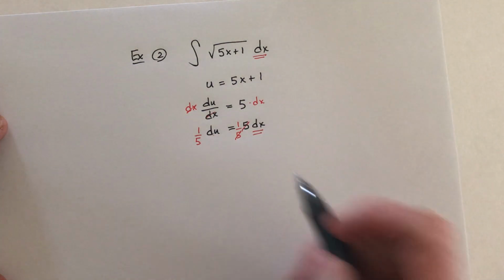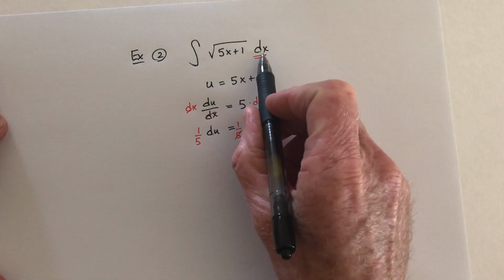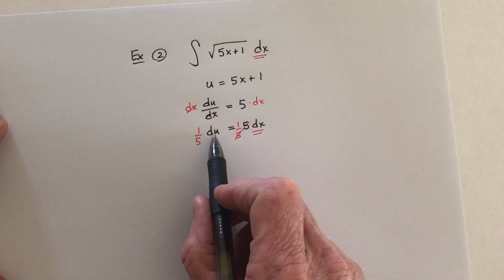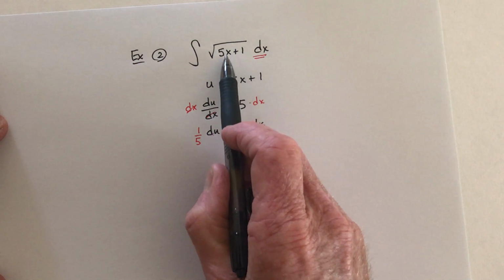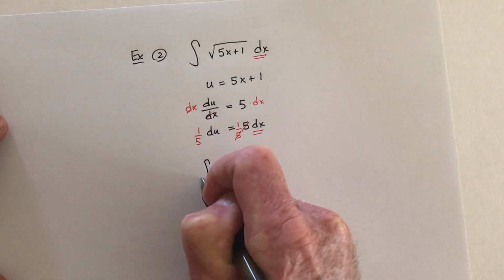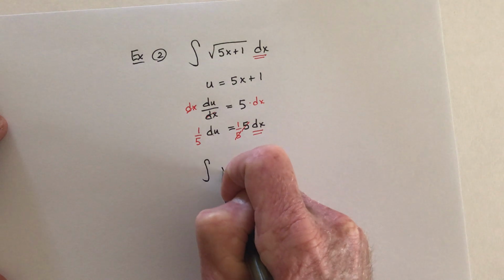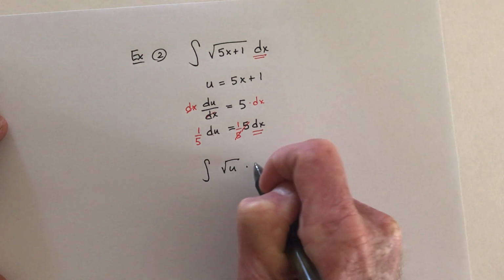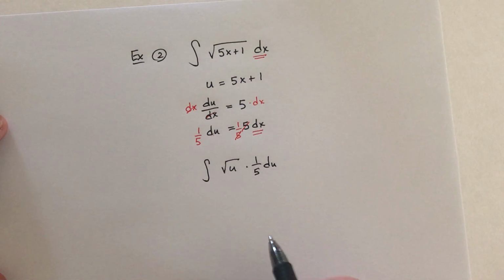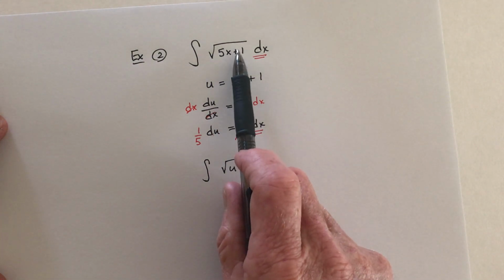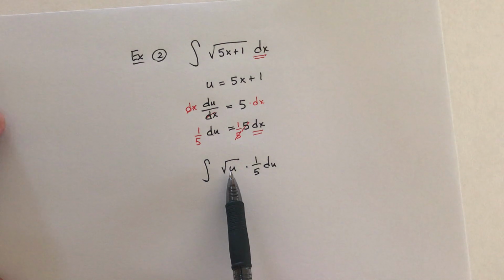And now it says the dx right there is going to get replaced with 1/5 du. And this part is going to get replaced with u. So it becomes integrate the square root of u and then 1/5 and du. So once again, it takes something that's more complicated and makes it simpler.